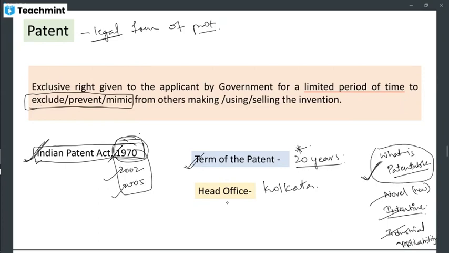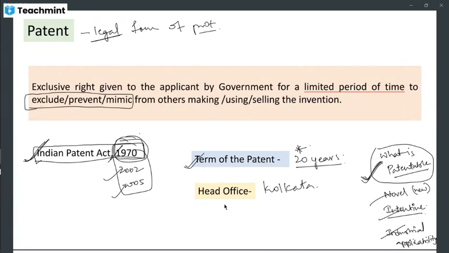So this is the thing. And then there are some things which are not patentable in any country, like for example laws of nature. These can't be patented anywhere.